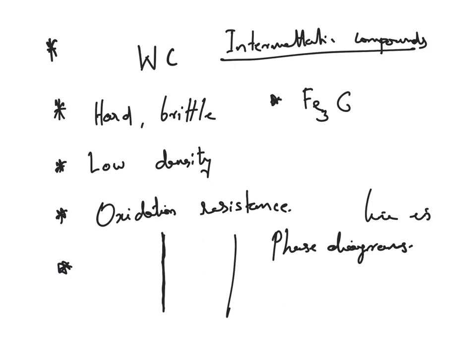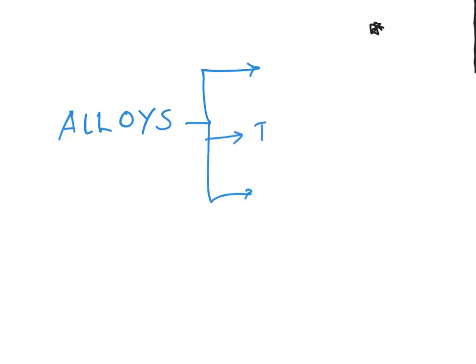So that's it. Now finally, before we wind it up, I wanted to sum up whatever we have seen. We were talking about alloys. Alloys can be classified into solid solutions and intermetallic compounds.